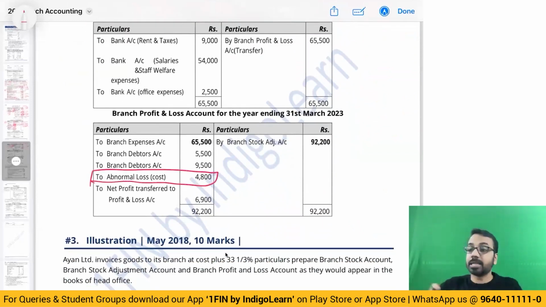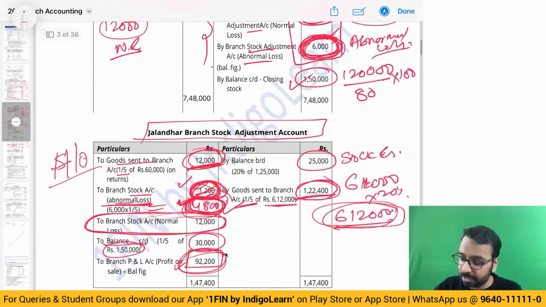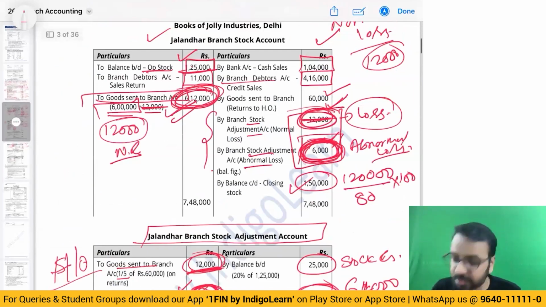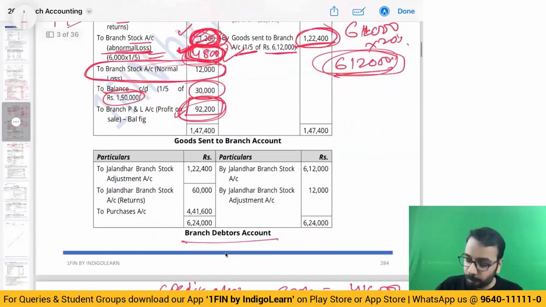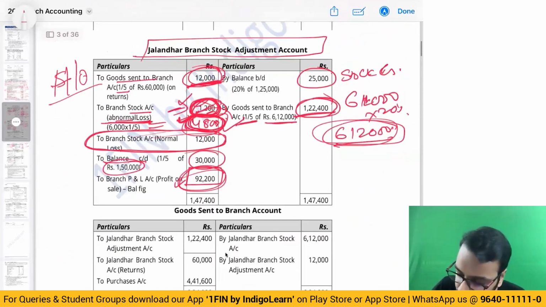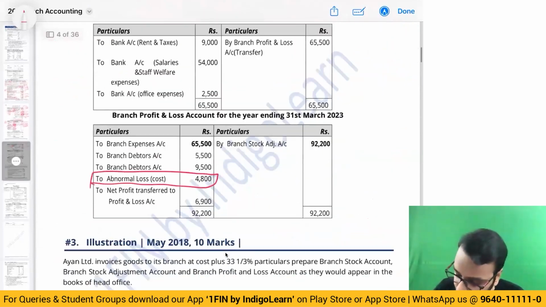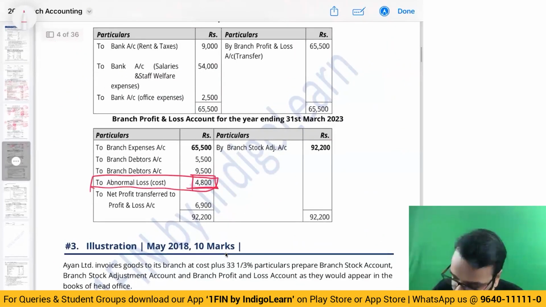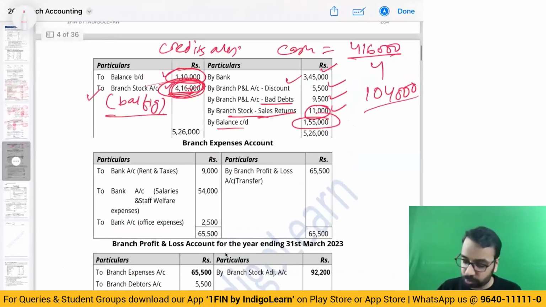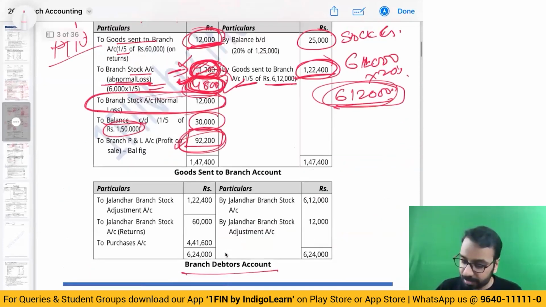Okay, so that is how it is balanced. So basically what we are saying is, this is our total loss of 6,000. Out of this total loss of 6,000, 1,200 is the profit element which is recorded in the branch stock adjustment account, and the balance 4,800 is recorded in the P&L. Okay, so that is one thing which you need to keep in mind, right?